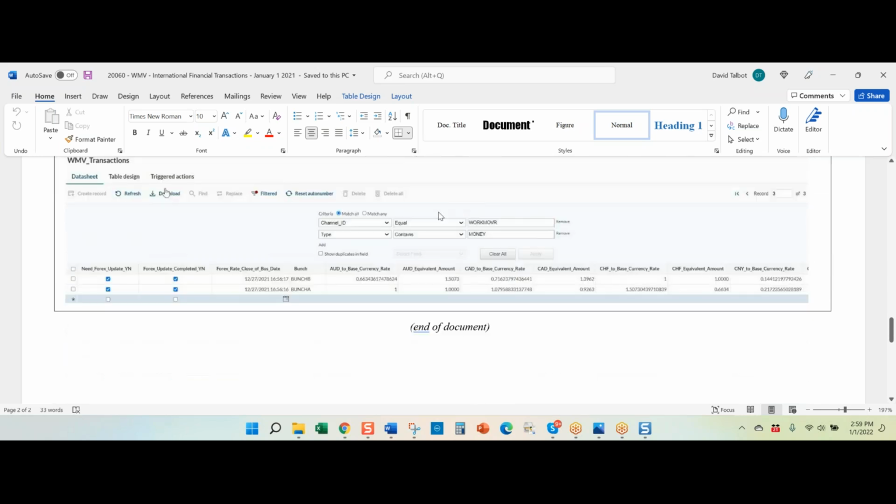Then if you look at the transaction table, we store all the transactions. This transaction needed the foreign exchange update, and it was completed, on average, just less than a minute after you put in the transaction. The close of business date here was the 27th, the day before, Monday, because it was a Tuesday transaction.